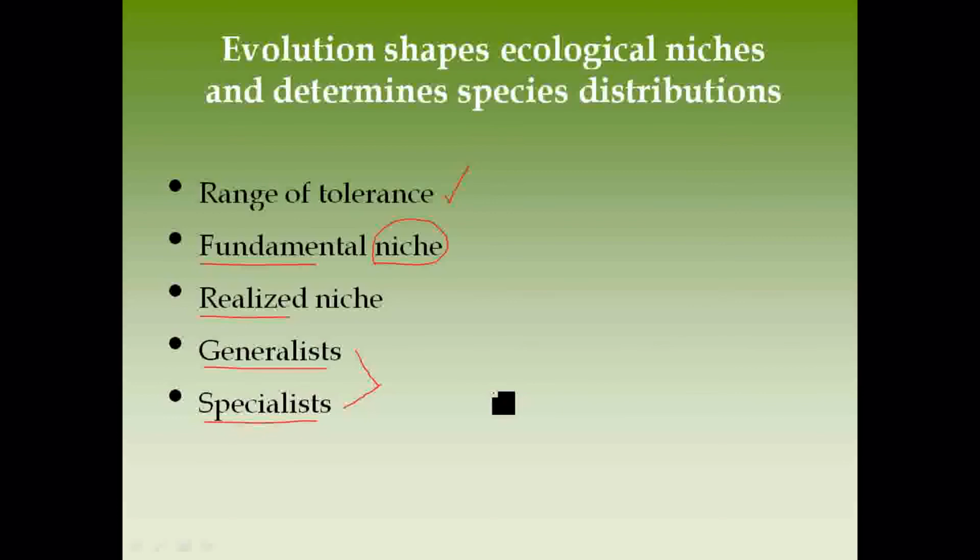And I think I have the opportunity to talk about those things on separate slides. No, it doesn't look like I do. So let me talk about the generalists and the specialists right now. A generalist is a species that doesn't have much of a requirement to survive.